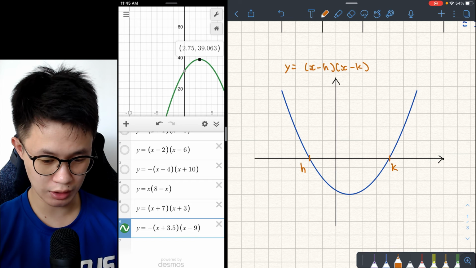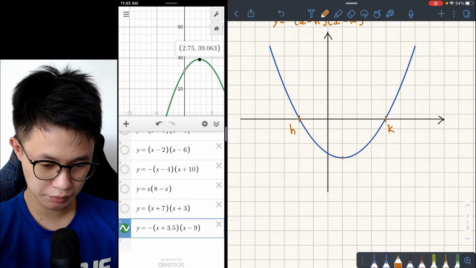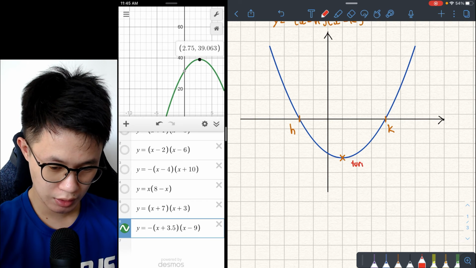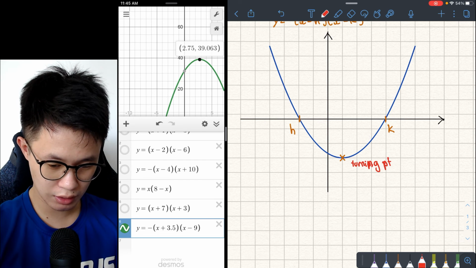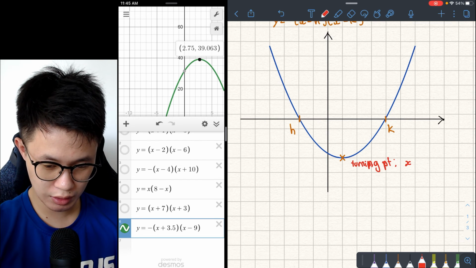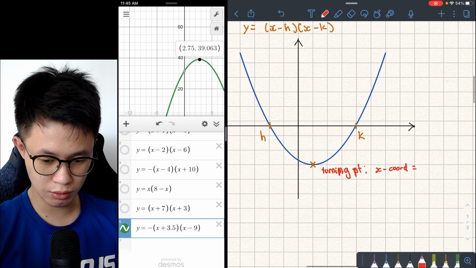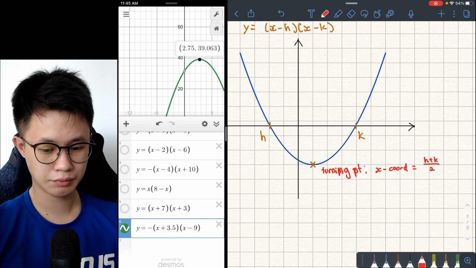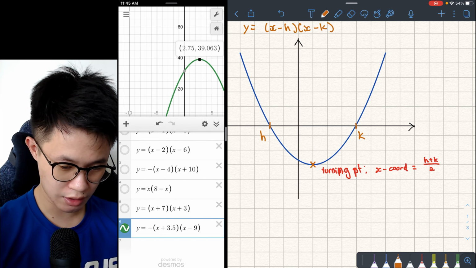And the turning point here, okay, the turning point, let's mark it. This is the turning point. Okay, the x coordinate is simply equal to h plus k divided by 2, and in this way we can find the line of symmetry.